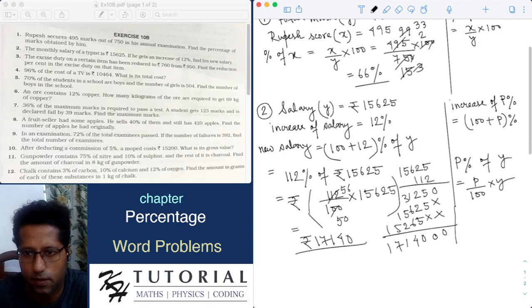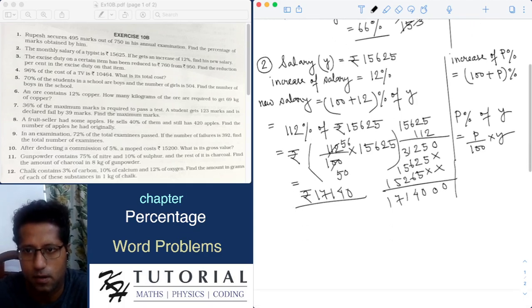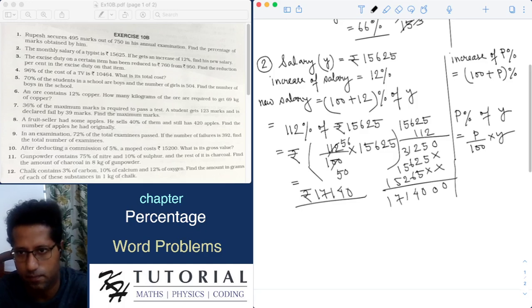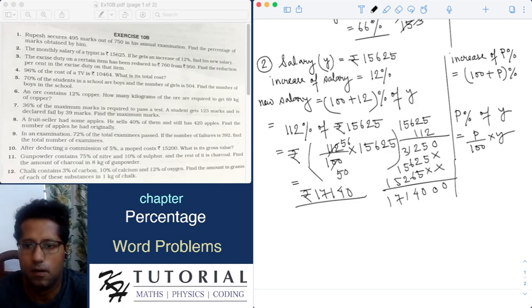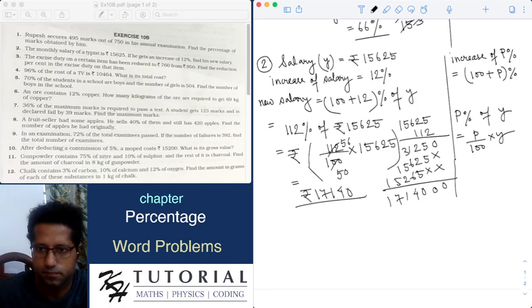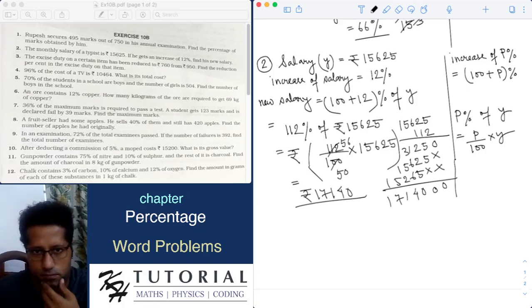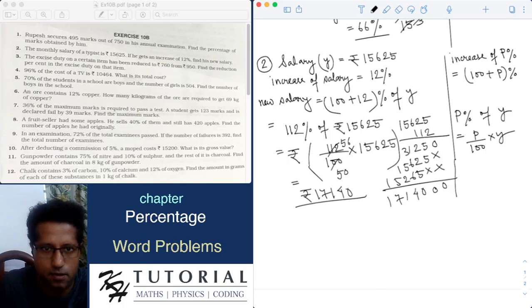Now, another way you could possibly do it, in a little different way, might lead to less computation. It is saying that the salary is increased by 12%. So you can calculate how much the salary got increased.